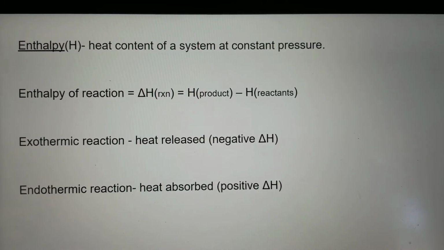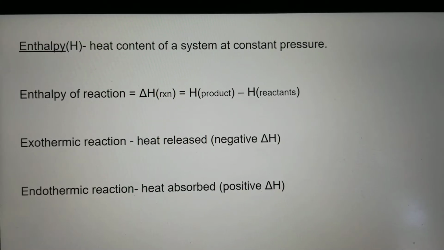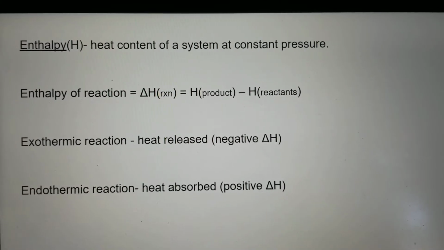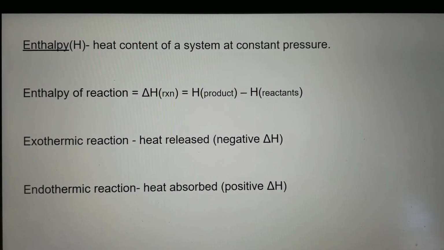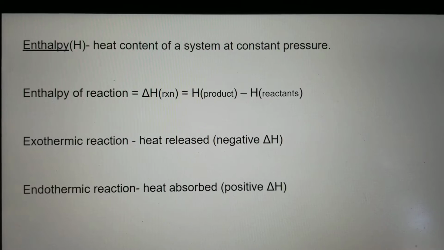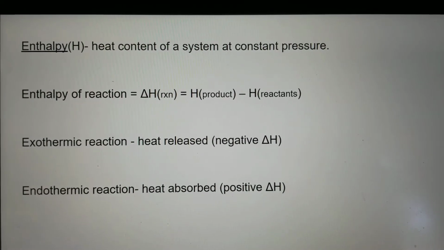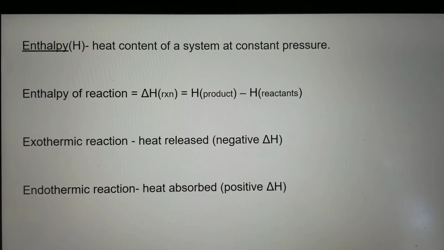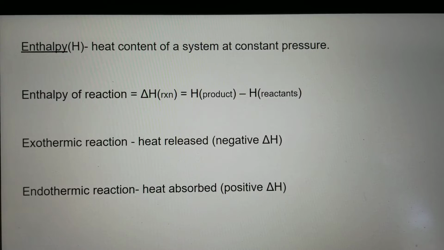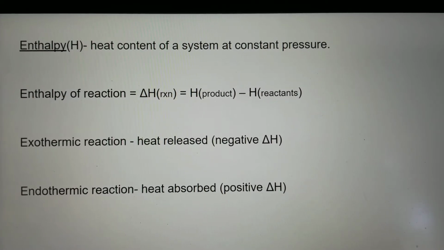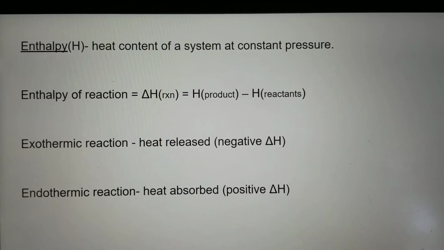And in order to calculate the enthalpy of a reaction, which is called delta H, you would take the enthalpy of the products and subtract the enthalpy of the reactants. We will go through this in more detail next year in DP. For now, just know it's the heat content of a system. It's going to have similar units to Q, but it's going to be per mole.